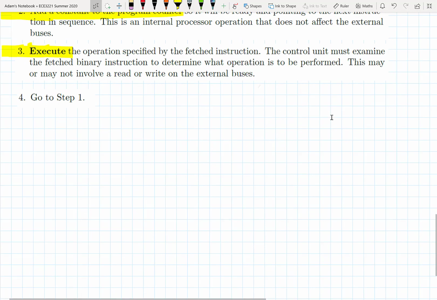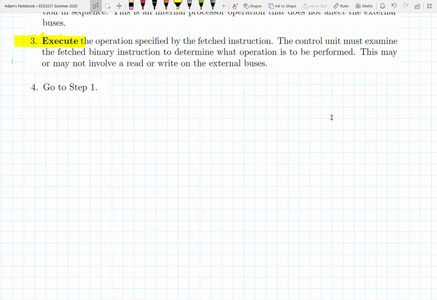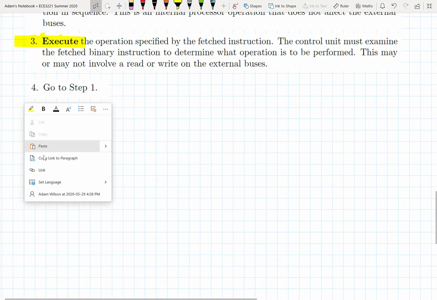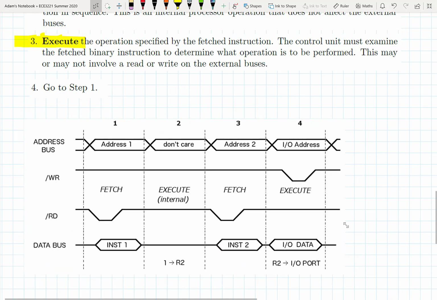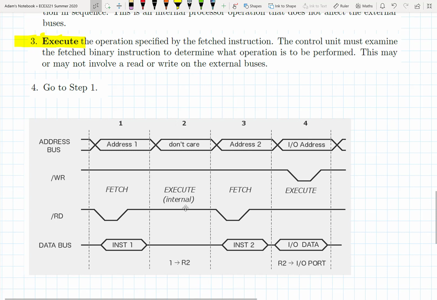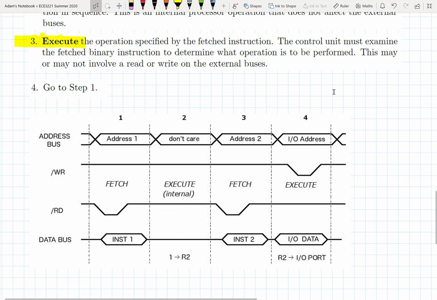It'd be interesting to look at the timing diagram of this fetch and execute cycle and observe what happens at each of these steps. Okay, so when the instruction is fetched, well, we're going to fetch from the address that is given by the program counter.